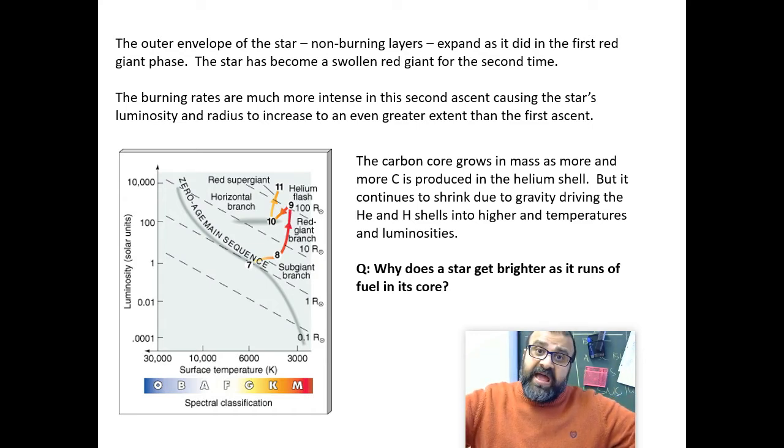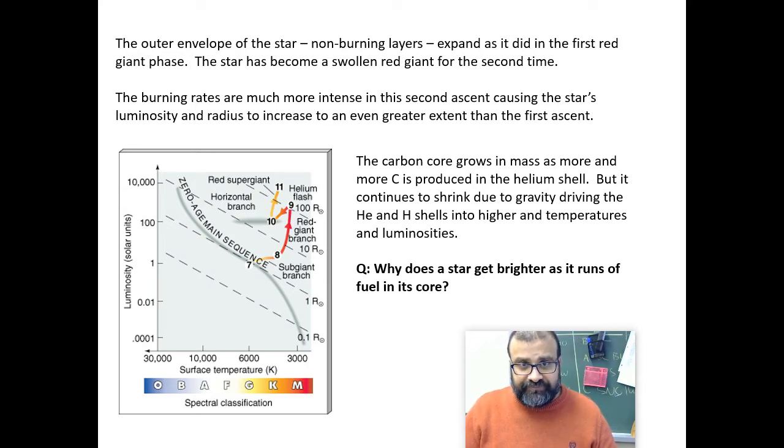So they expand, and as they expand, they cool and they become red. So we hit the red giant phase. The burning rates are much more intense in the second ascent, causing the star's luminosity, so it gets brighter, and its radius to increase to an even greater extent. So the star is bigger and brighter.